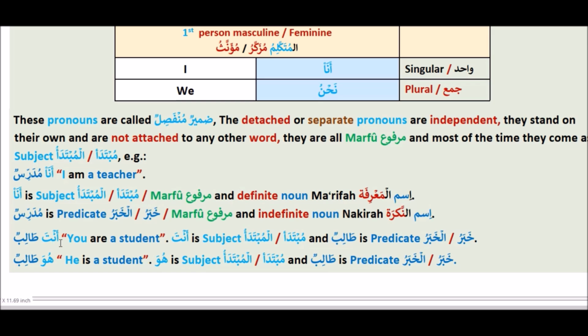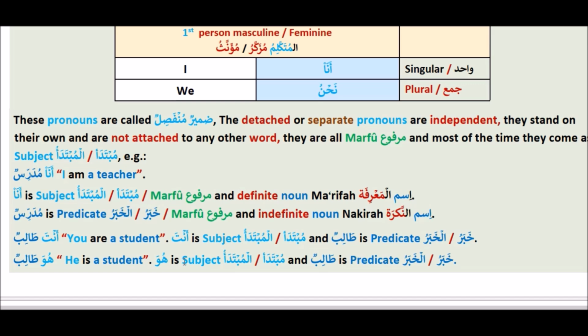The other example, anta talibun, you are a student. Anta is mubtada and talibun is predicate khabar. Anta is second person singular pronoun. Huwa talibun, this huwa is third person singular pronoun. He is a student.